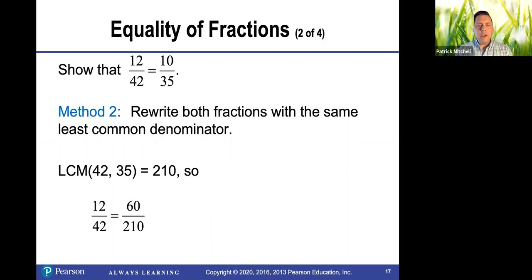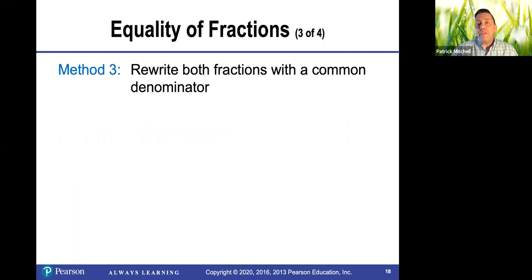So remember earlier we multiplied the top and the bottom of this fraction by 5, and we got that it was equal to 60 over 210. If I multiply the top and the bottom of this fraction by 6, I get the same thing. I get 60 over 210. So that's another way to show that those fractions are equal.